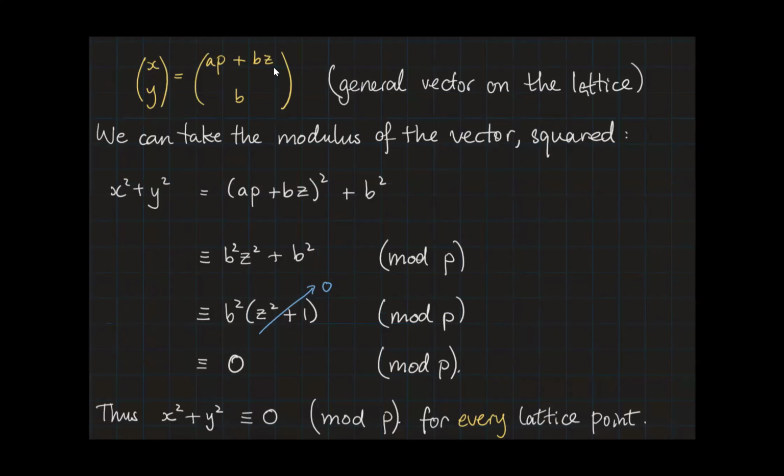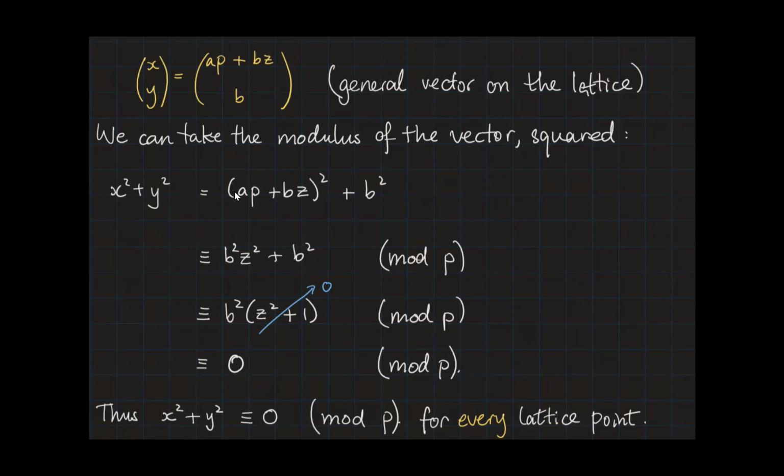And so now if we take any vector on this lattice and we look at the length of it squared, on the left-hand side we get x squared plus y squared. And on the right-hand side, by expanding, we get (ap plus bz) squared plus b squared. The a squared p squared term goes away when you look at it mod p.